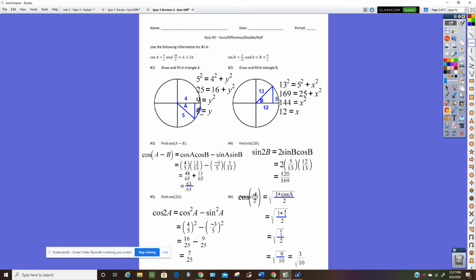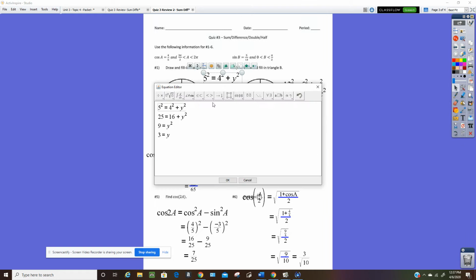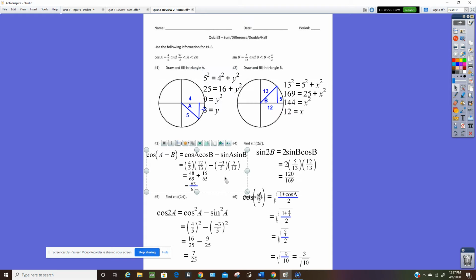Here's angle A. You have to find out what this is. This is going to be negative 3 after I use Pythagoras, because it's in the fourth quadrant here, and the y values are negative there. So let me move this out of the way a little bit so you can see that I did write negative 3 right here for this side.